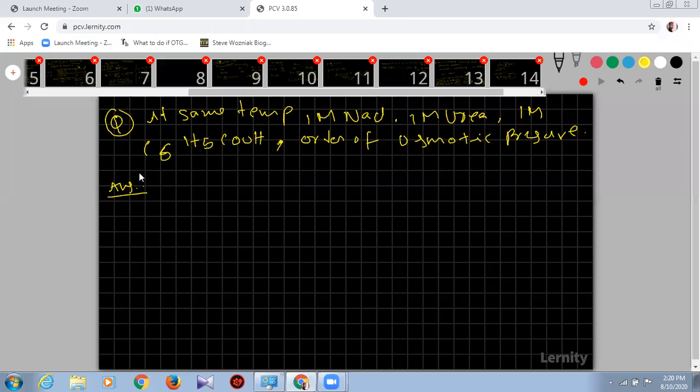For benzoic acid, you will get a dimer. Assume 100% dissociation or association, alpha value 1.